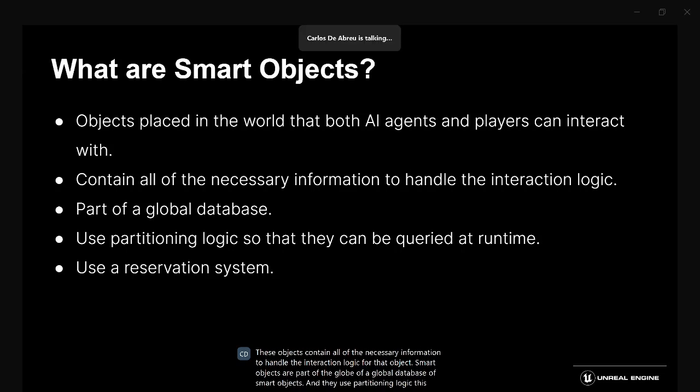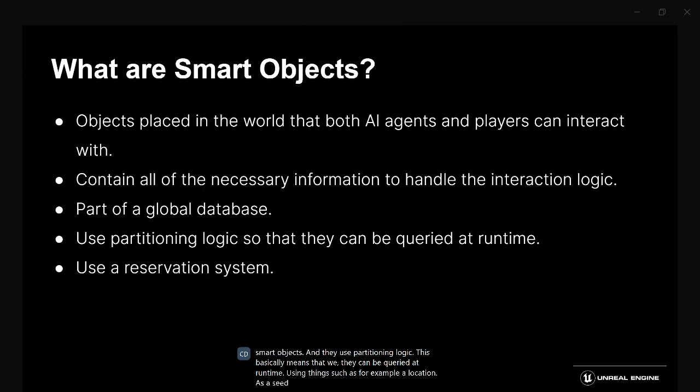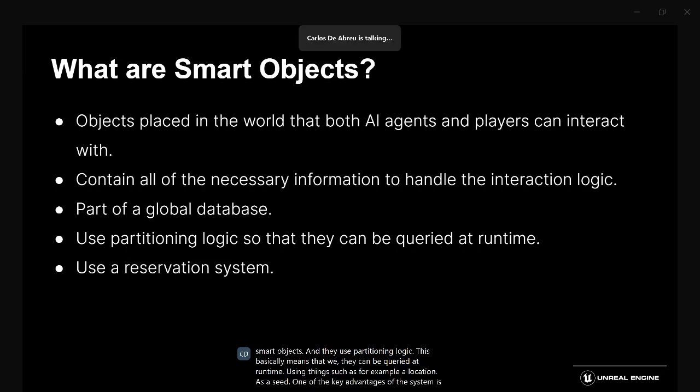This basically means that they can be queried at runtime using things such as, for example, a location as a seed. One of the key advantages of this system is that it also uses a reservation system. This means that our AI agents or players can be aware of in-use smart objects around them. And this basically will also avoid multiple AI choosing an exact object to go and use.